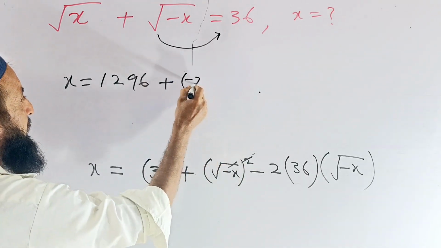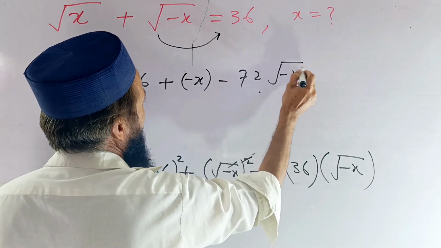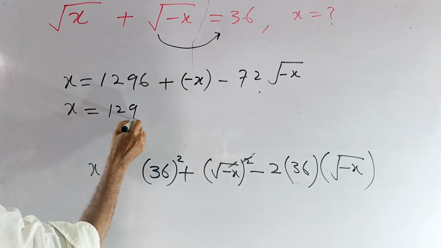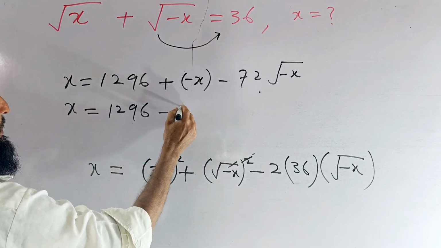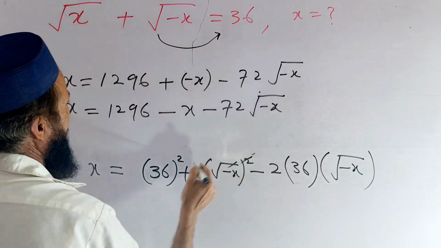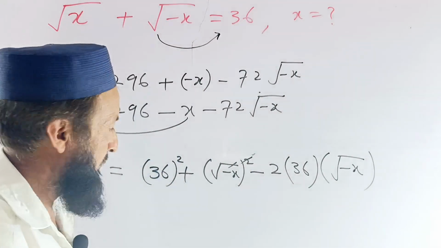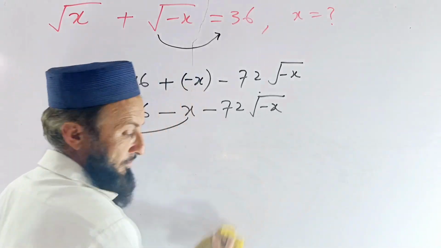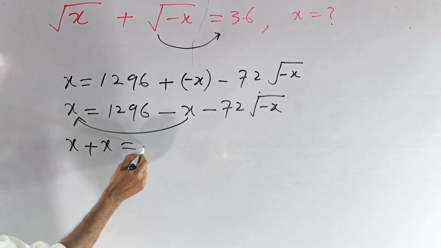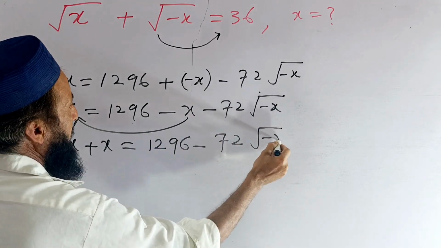We get minus x and minus 72 square root of x. Now x is equal to 1296 minus 72 under the root of x. Now we transfer x to the other side. Here x plus x is equal to 1296 minus 72 under the root of x.